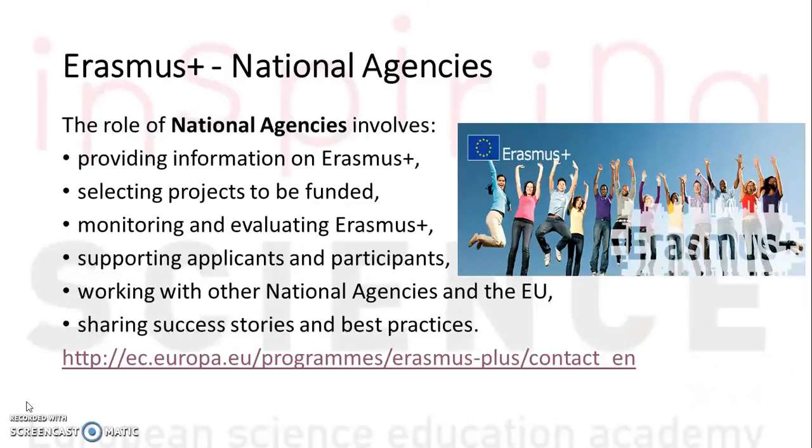So your application actually, although submitted online, will be received by your national agency. If you are based in Germany, you will submit your application to the German national agency. If you are based in Portugal or Greece, you will submit, although online, to your Portuguese or Greek national agency. It is therefore important that you also visit the homepage of your national agency, and best even to get in contact with them. You will receive there even further guidance and further help beyond this video tutorial.